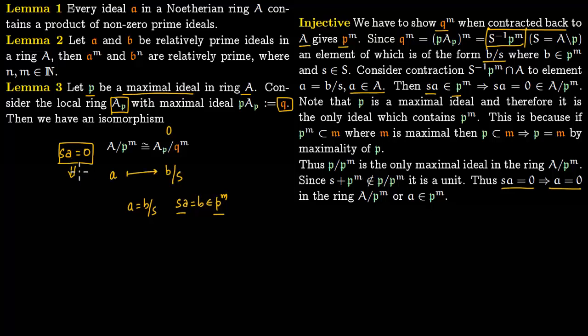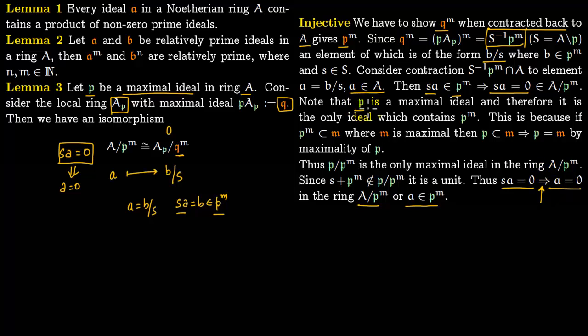We want to show that sa equals 0 actually implies a equals 0. If this implication is true, then obviously this a is 0 in this ring. That means a is in P^m. So if you take b over s in Q^m, you can find an element a in P^m if we can show this implication holds. So that is the rest of our work.